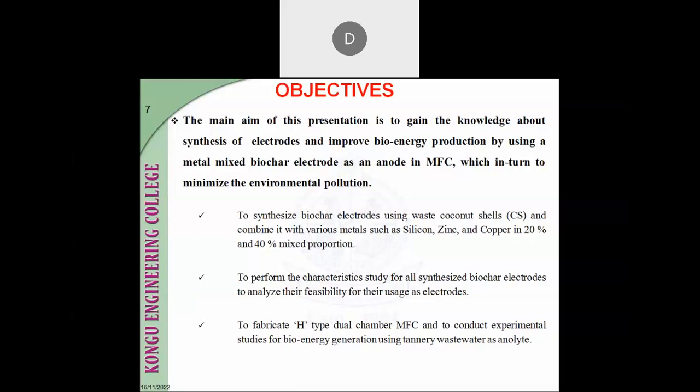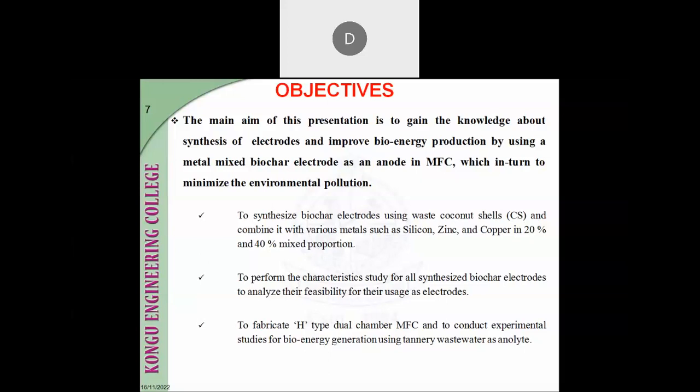Although mediators can help some bacteria move electrons more efficiently, they are unstable, and so the usage of mediator-assisted MFC is limited, which is also important.